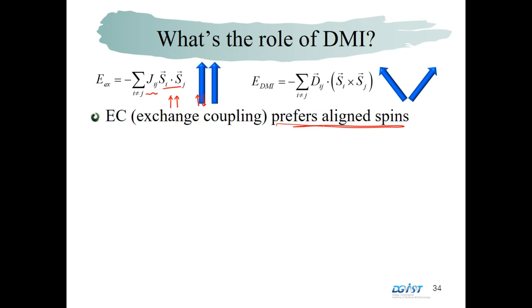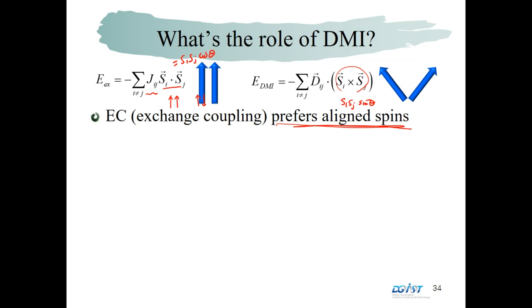They prefer the aligned spins. But in this case, this term gives us sine theta, and here we have cosine theta.